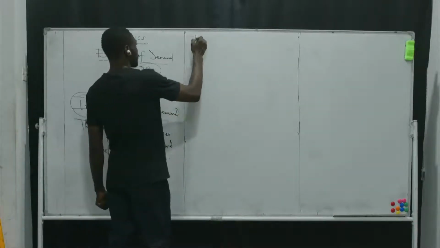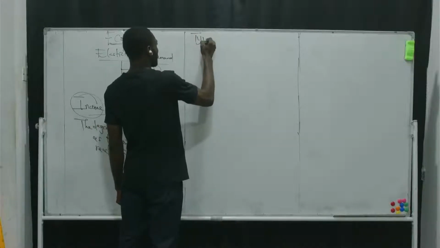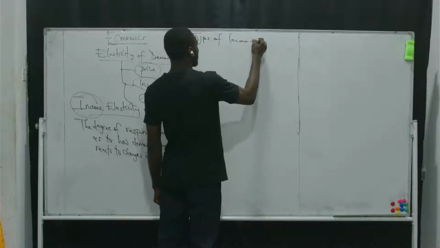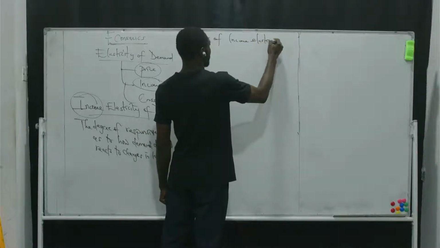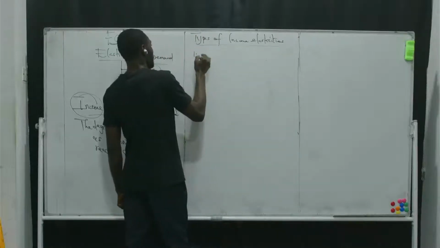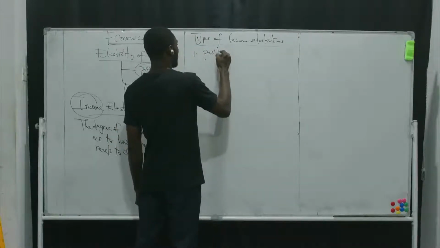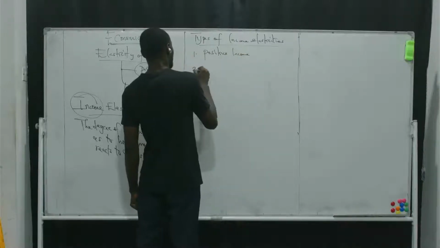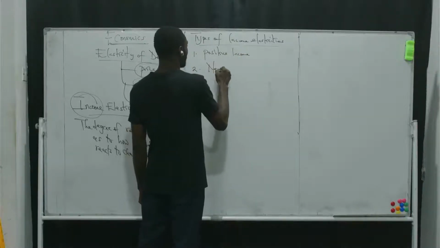So that brings us to the types of income elasticities. One, we have the positive income elasticity. Number two, we have the negative income elasticity.